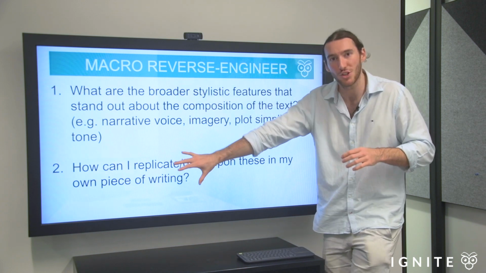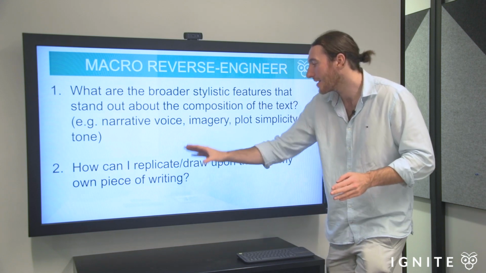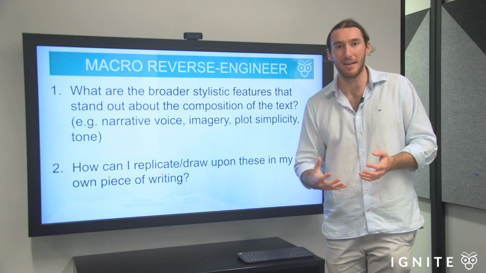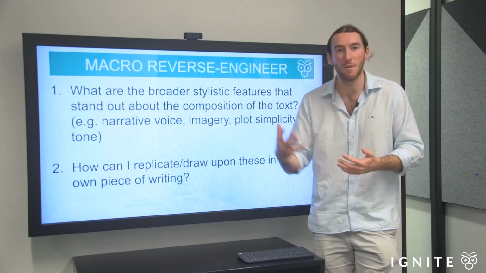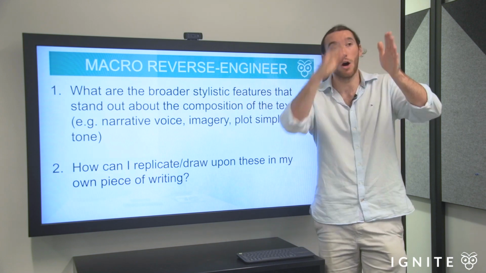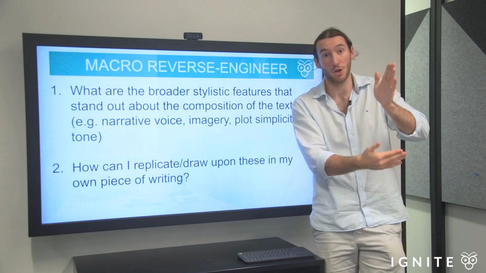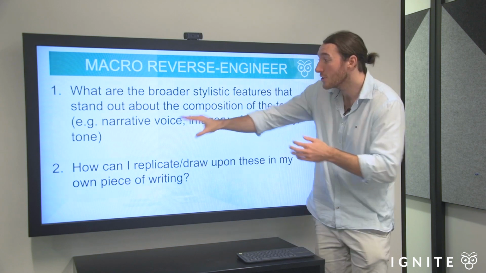And the second question, which is so important, and this underpins the entire module, is how can I replicate or draw upon these in my own piece of writing? So if you were given a stimulus and asked to write a speech or an imaginative piece of writing, and you will get the choice because you could have studied a whole range of different types of texts, be it imaginative, persuasive, discursive, etc., you'll be then asked to replicate it, and you want to draw upon this.